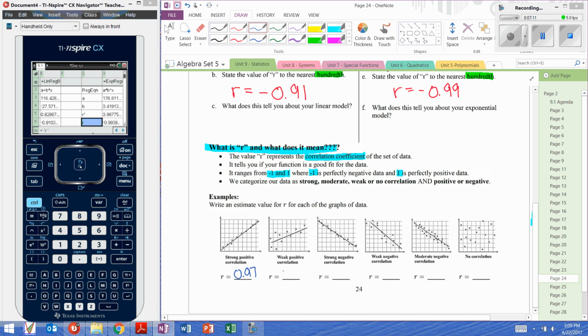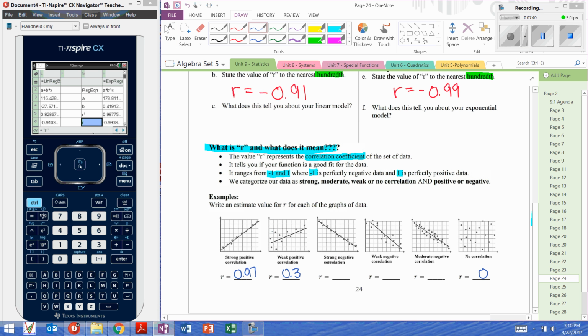Maybe that's something closer to, let's say, 0.3. I guess no correlation would be halfway between -1 and 1, which would be 0. That kind of makes sense. I jumped all the way to the end here, but that kind of helped me to justify why I picked 0.3. Strong negative correlation, we could say same thing.